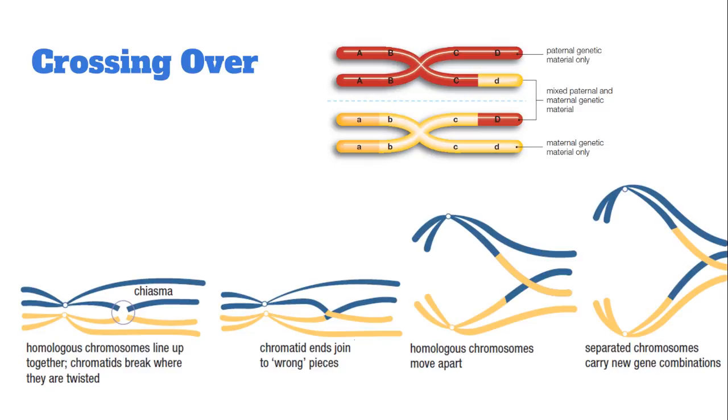These chromatid ends that are now produced can join up to the wrong pieces, so join up to the alternate chromosome. Then we see the homologous chromosomes move apart, and they're in fact moving apart with a mix of the paternal and maternal genetic material.